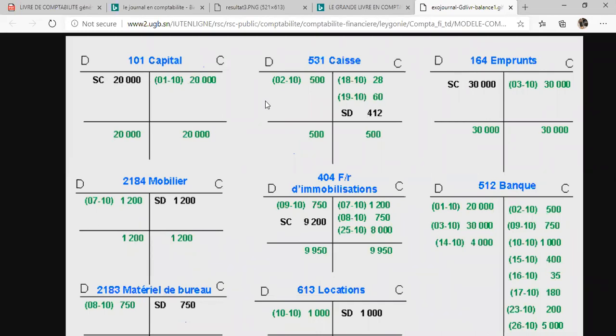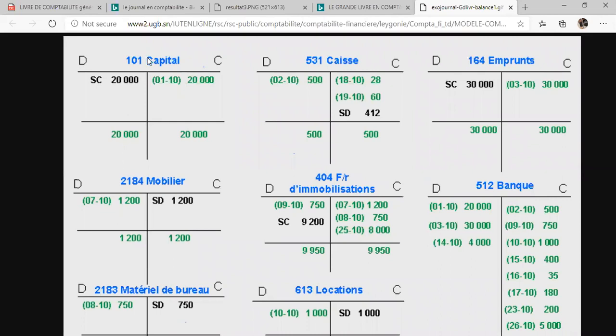So for starters, this Grande Livre is a list of accounts, compte schematics to be specific. A compte schematic is just here where we have capital, this whole part, which is the first one to your top left. So this would be an individual compte schematic. How this book is drawn is that it's in chronological order, except unlike the journal, it's in chronological order of the codes.